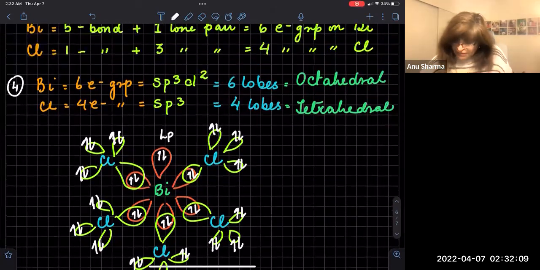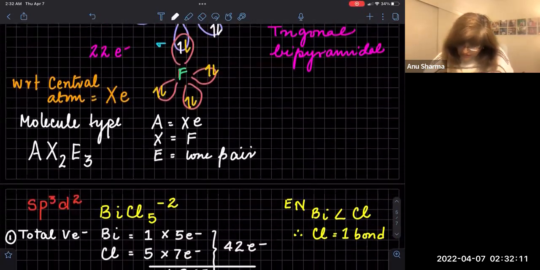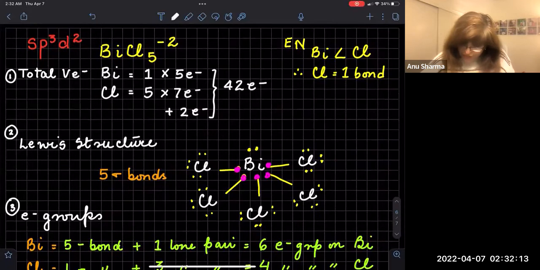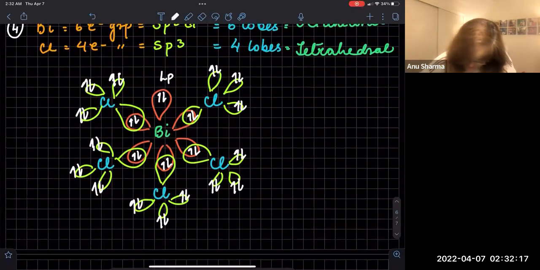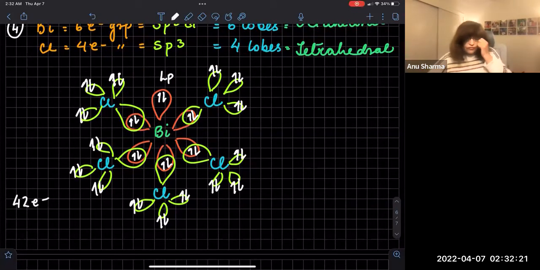So all the 42 electrons got accounted for. We had 42 electrons. Okay. And we have the 5 chlorines on either side of bismuth.